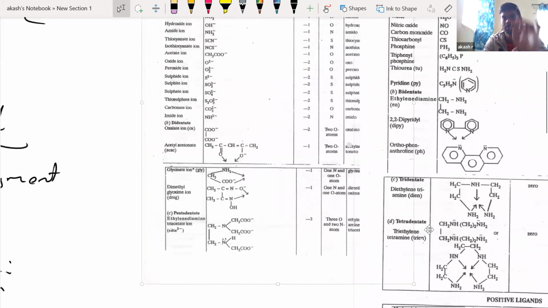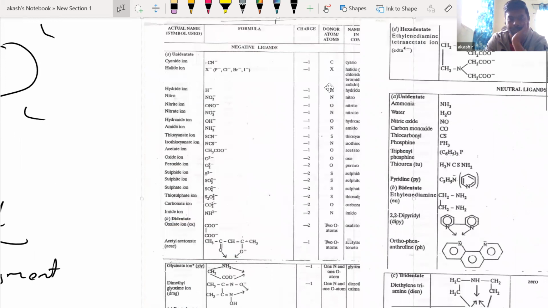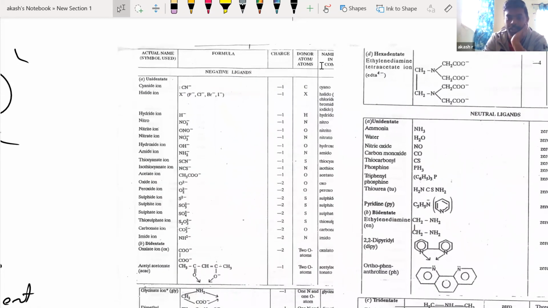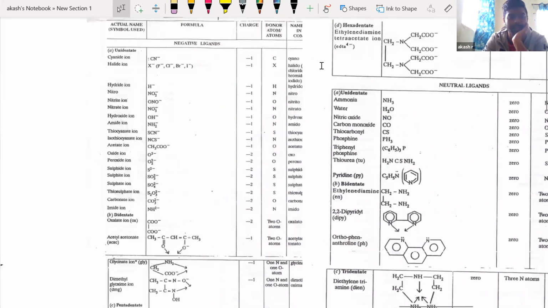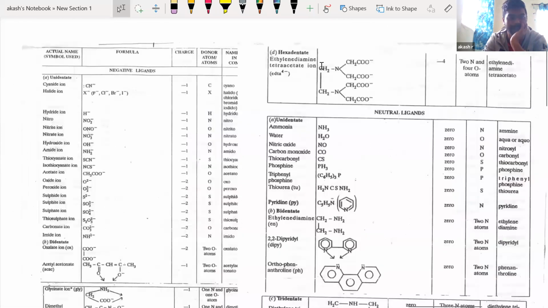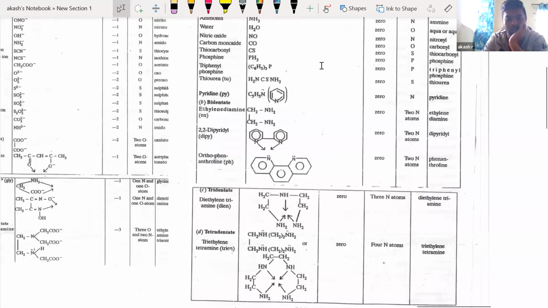So this I think you can know, right? In this table, I think in your book also some such things will be there. Different kinds of ligands, unidentate, bidentate, tridentate, positive, negative, all those things are there.